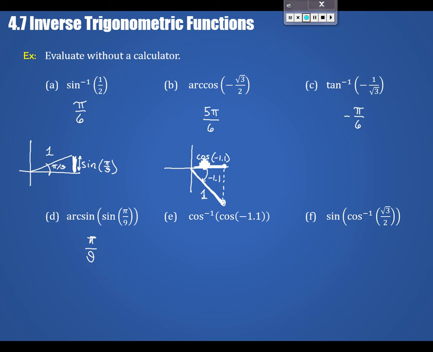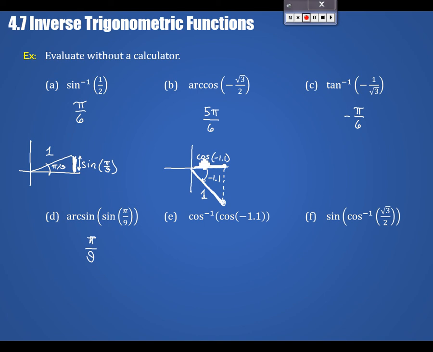Now I have to ask you, what is the cosine inverse of the cosine of negative 1.1, of this distance? What angle has a cosine of that? Certainly negative 1.1 has this as its cosine, right? Because I just drew the picture. But can we output negative 1.1 as an answer? What angle does have the same cosine? It appears to be the cosine of a positive number. What angle can we output that has the same cosine?